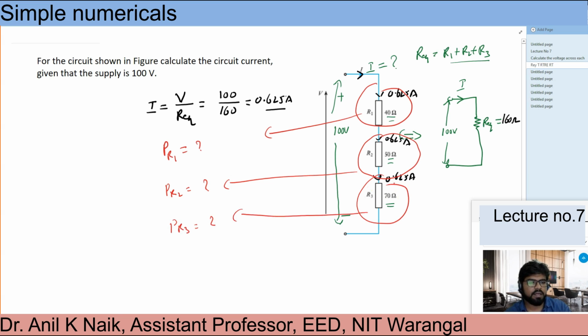Because already you know the current and the resistance, I square R is the formula. You can apply it and you can calculate the powers dissipated across all these R1, R2, R3 elements. So this is what we need to understand in this numerical.